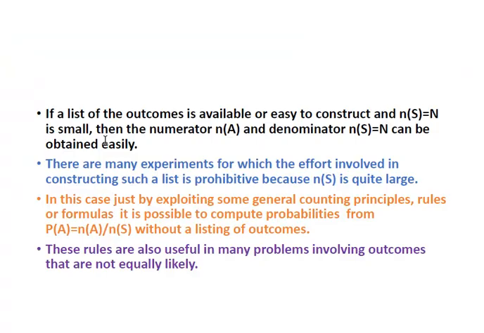So if a list of the outcomes is available or easy to construct, for example, for rolling a dice or throwing a coin, it's easy to construct. And if NS, the number of outcomes in the sample space, is small, then the numerator and denominator can be obtained easily.